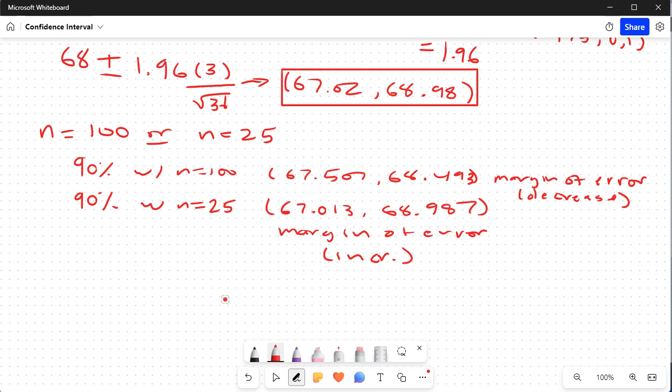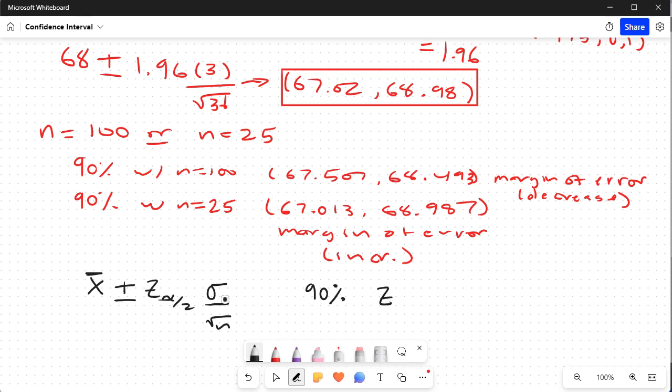So really, if you're given the sample mean, you'll just plug it in. And if you're given the confidence level, you just plug it in. And then the standard deviation would be known, and also the sample size in this case. Now, note that you've already determined the confidence level that would give you the critical value.